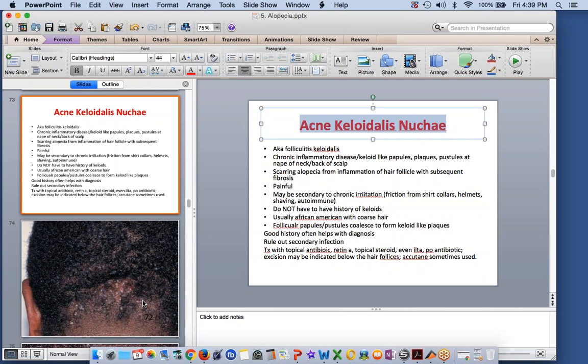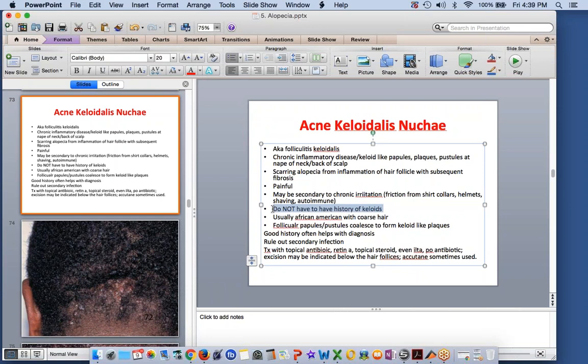They'll come back, they'll have a few more, you do it again, but as long as they don't get their hair shaved so close to the scalp that the screw-like hair goes in and irritates the surrounding of the opening of the hair follicle, they usually tend to do pretty good.